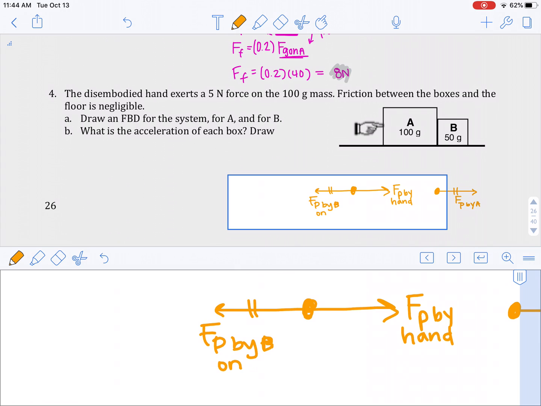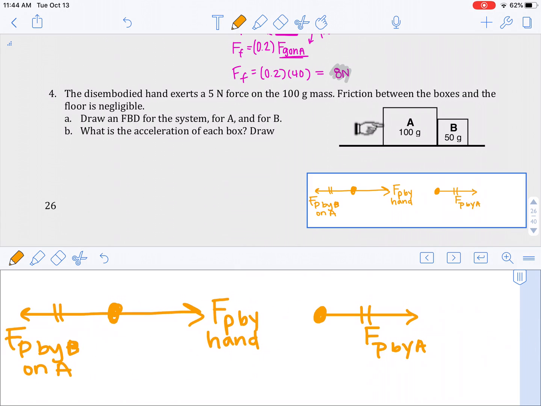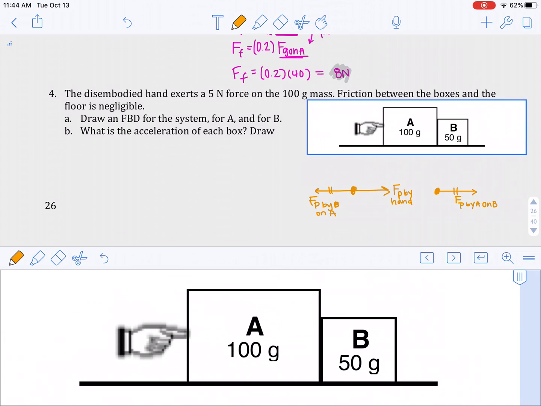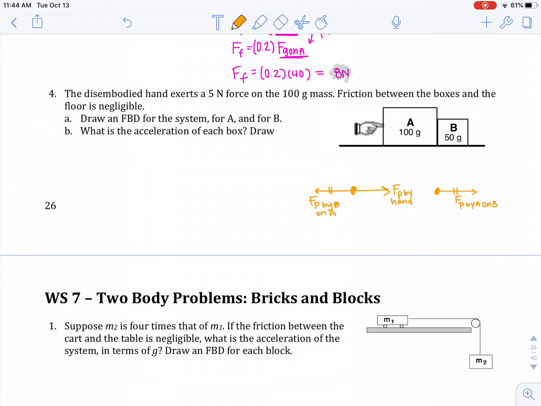Or sorry, on B by A, or on A by B, and then by A on B. Right? We've got that reverse on-by notation, and that means those forces are equal and opposite. So that's just a start to the FBDs. These FBDs are not complete, but this is a way for you to start these FBDs because we haven't done a problem like this before.